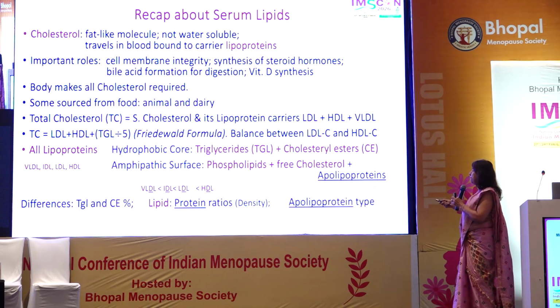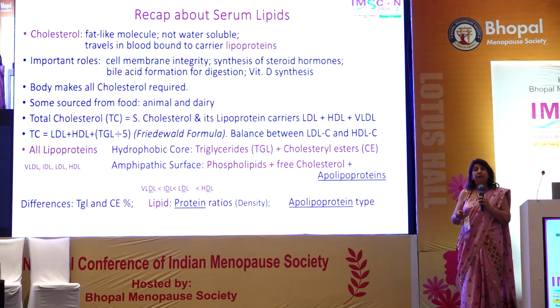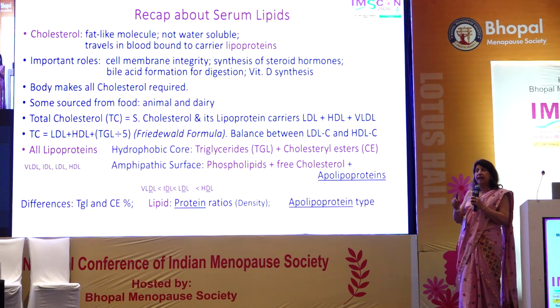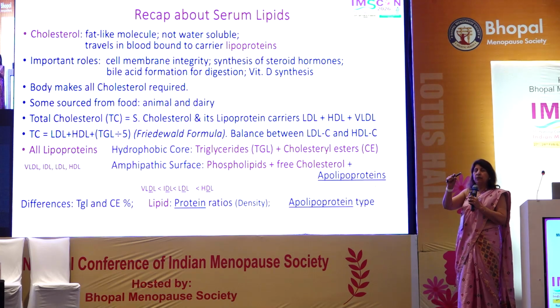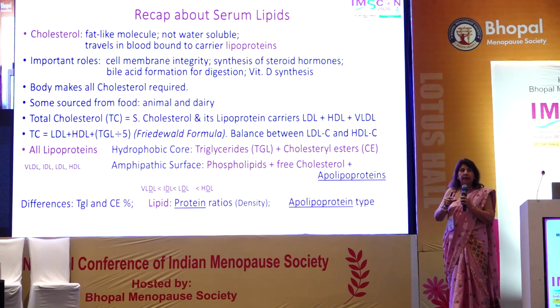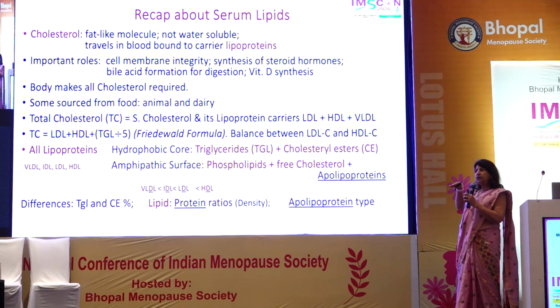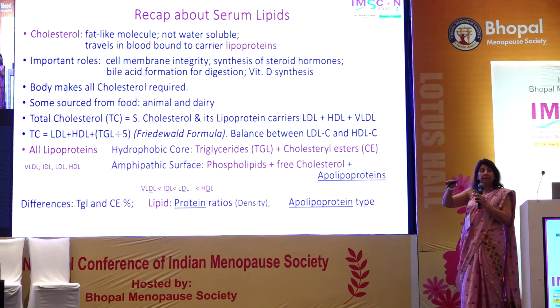And it has an amphipathic surface, also known as amphiphilic. It means that it has one pole which is water soluble, and one pole which is hydrophobic. Because of these two poles in the same molecule, it can travel as a lipid in aqueous solutions.